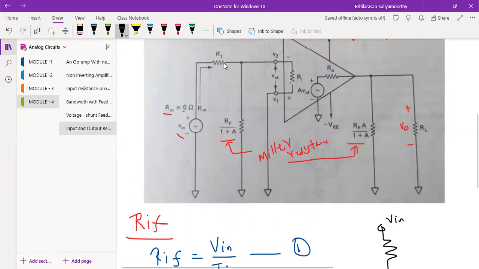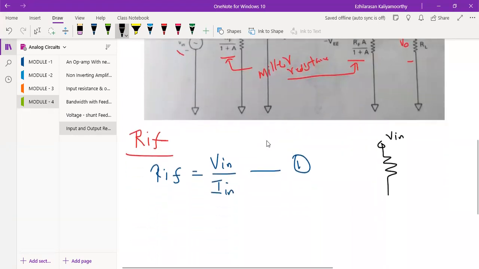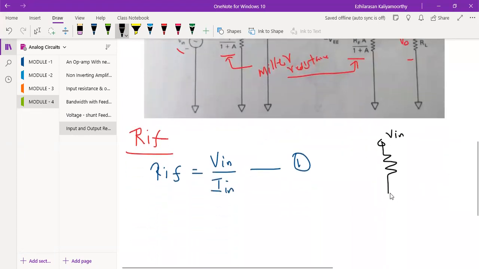The R1 terminal is connected to RF by 1 plus A, and again R1 is connected to Ri, but these two are grounded, so both are in parallel. I'm taking only that piece of the network.